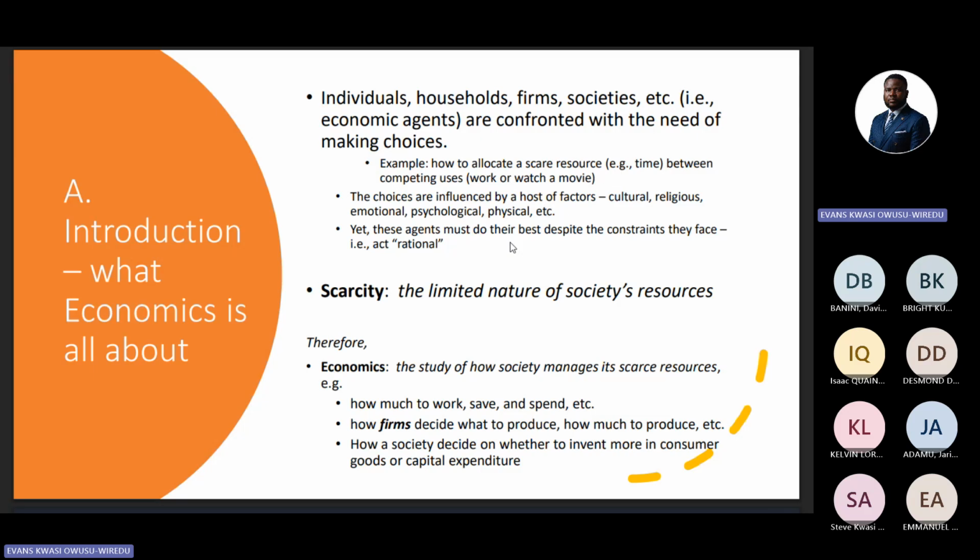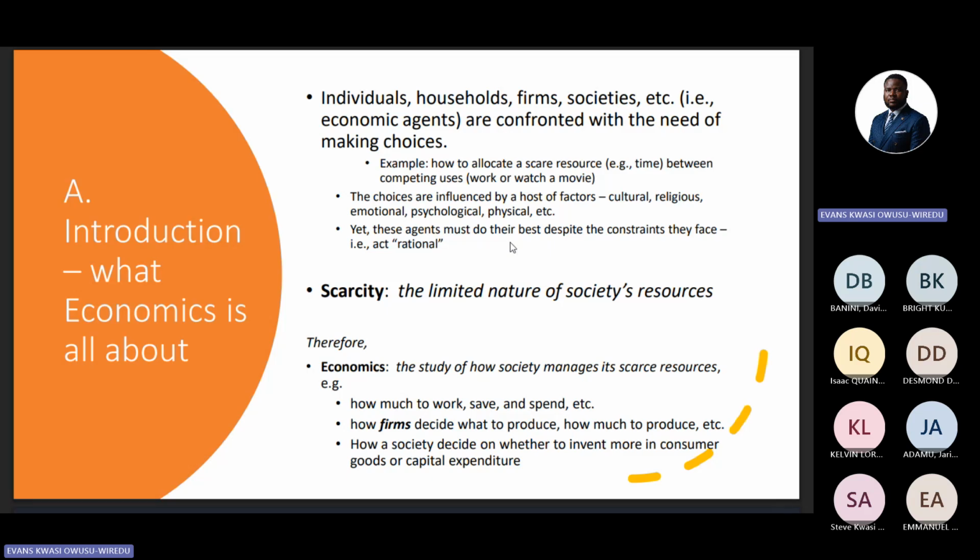So we look at how economics manages resources. Now that we know the choices, now that we know the problems and how they may pose depending on which classification of the economic agents, right? Economic agents, I told you, the players that are involved with economics are the individuals, the firms, and the government.